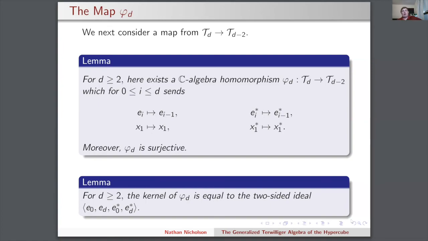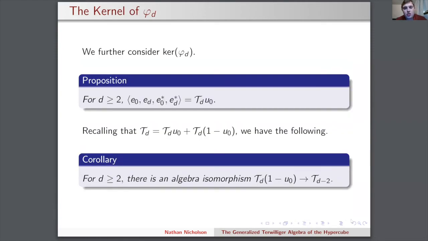And so in that lemma at the bottom of the page, you can look at what the kernel is equal to. And then it turns out that the kernel, if you play around with it some more, is precisely equal to that ideal that is the summand that we want to quotient by to get our isomorphisms. Everything works out perfectly. And so again, because the kernel is the TD U naught, and then because TD is this direct sum, at the bottom of the page, we get the isomorphism we were looking for.